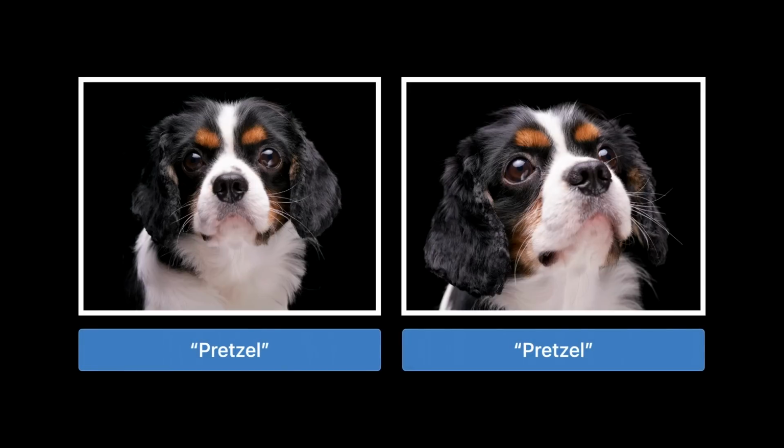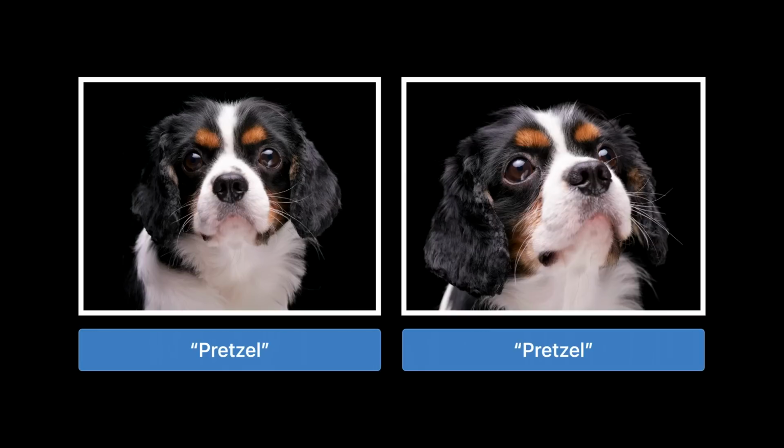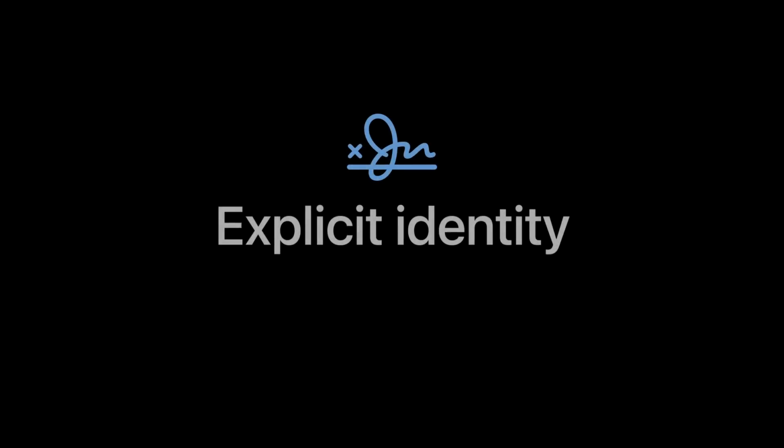If two dogs look the same and also share the same name, then I'd say it's pretty likely that they're, in fact, the same dog. But if they have different names, then we can guarantee that they are, in fact, different dogs. Assigning names or identifiers like this is a form of explicit identity. Explicit identity is powerful and flexible, but does require that someone somewhere keeps track of all of those names.